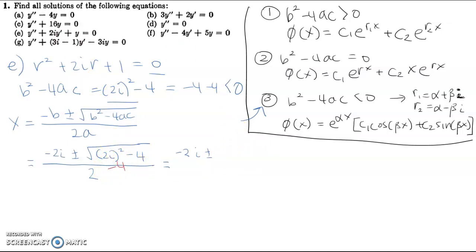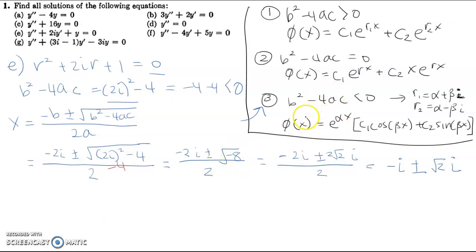So that's negative 8. Square root of negative 8 over 2. So this is negative 2i plus and minus 2 root 2i over 2. So we get negative i plus and minus root 2i. Okay, so we know that those are going to be our solutions for r.